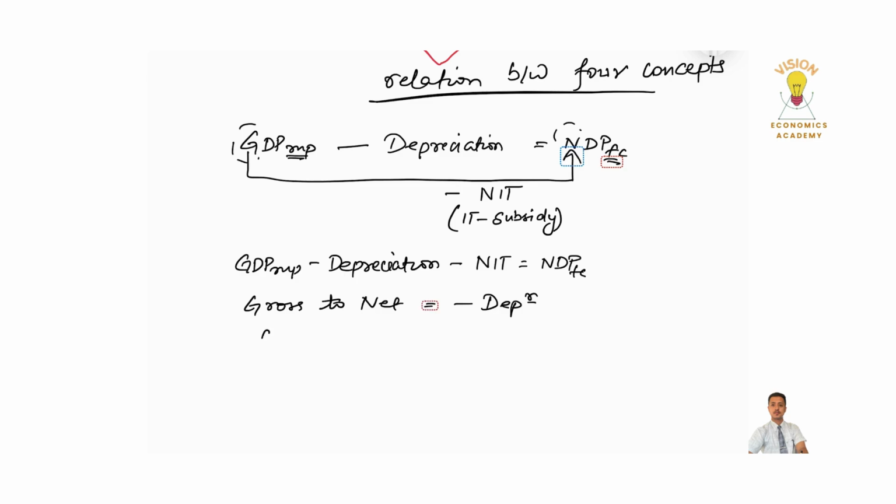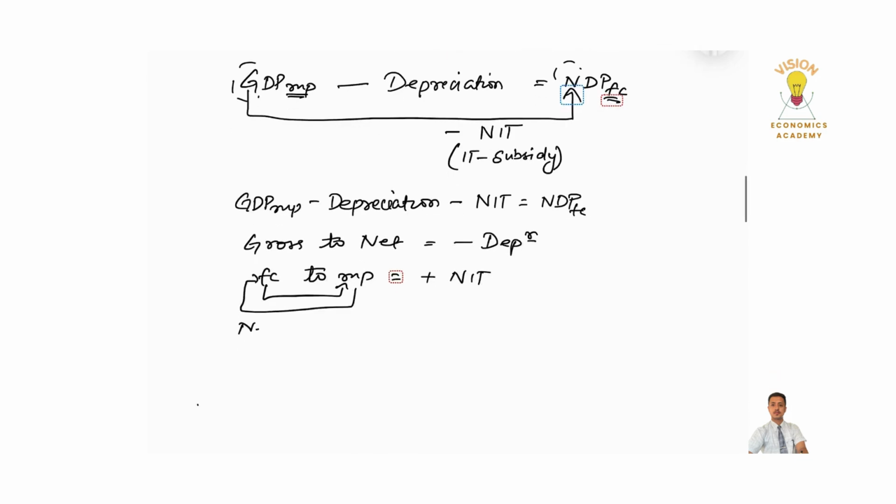From factor cost to market price, here we have to add net indirect taxes, right? From MP to FC we deduct, from FC to MP we add. In the same manner, from net to gross we need to add depreciation.